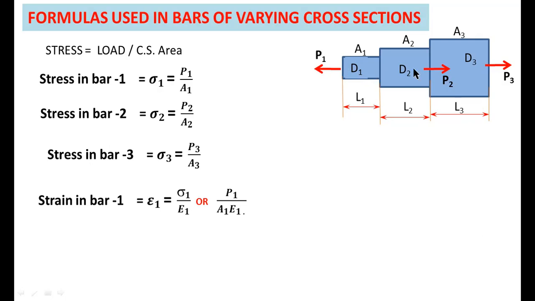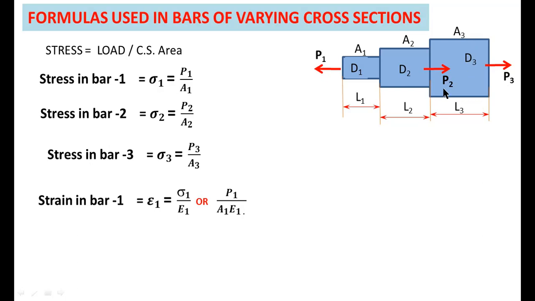Now sigma 2 is the stress induced in bar 2, where P2 is the load acting on bar 2. So P2 by A2 is the formula for stress induced in bar 2, and sigma 3 is the stress induced in bar 3. The load acting on bar 3 equals P3, so P3 by A3 is the formula for stress induced in bar 3.